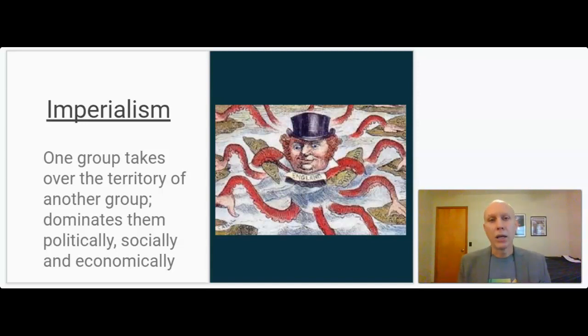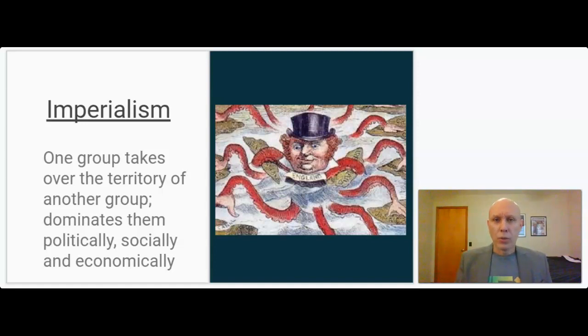And then economically, the economic system of England and the way transactions took place in England would become the way transactions would take place for these people who were now being dominated. So it's basically one country coming in and imposing their will and converting the people that they've come to dominate to being like them.